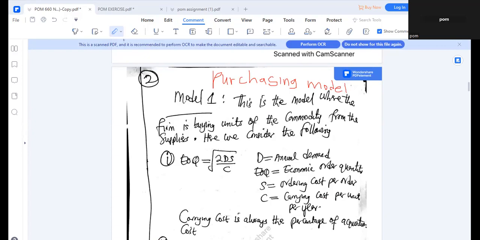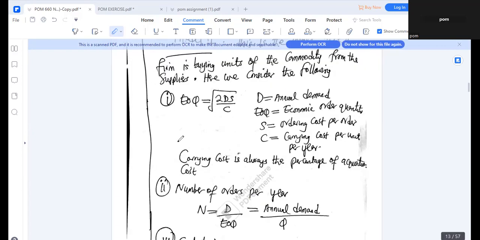So here we consider the economic order quantity, meaning how many units of a commodity can we order at a time? This one is called economic order quantity, the EOQ.